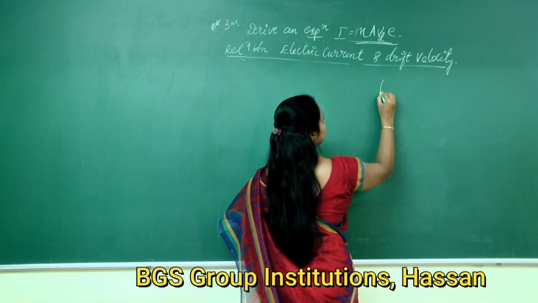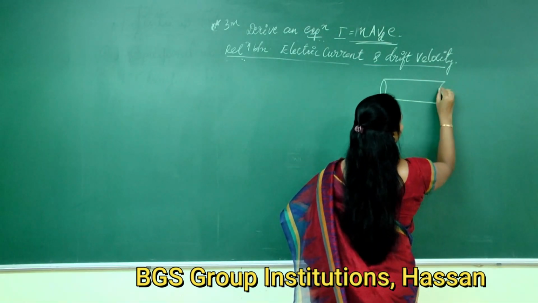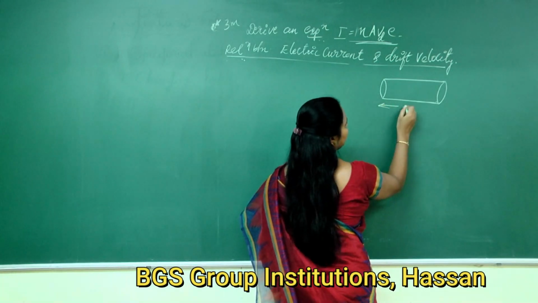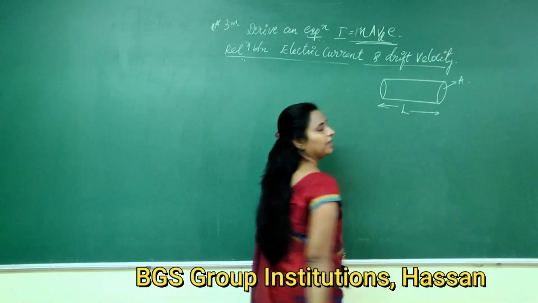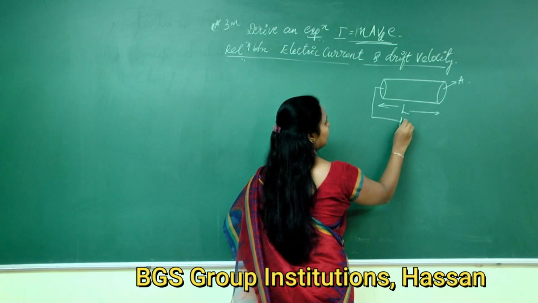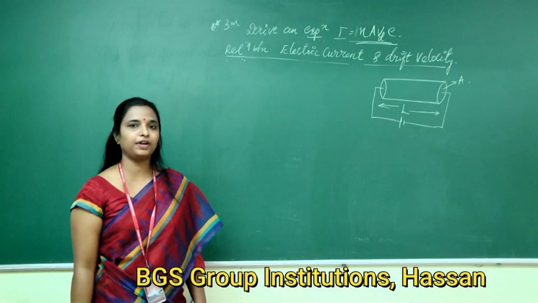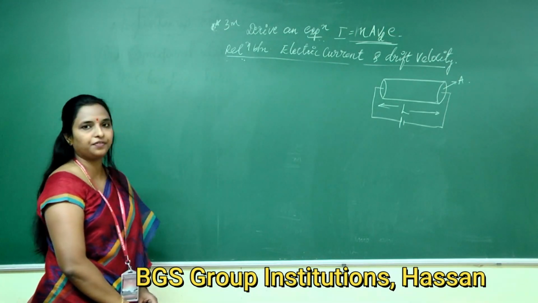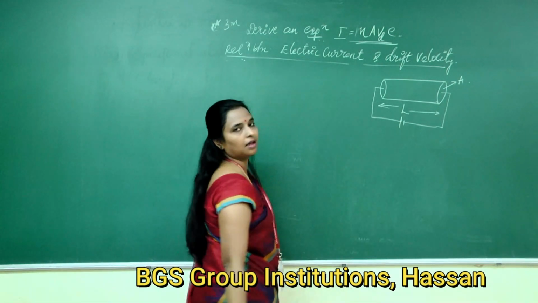First, we will consider a conductor of length L and area of cross section A, and let the two ends of the conductor be connected to an external electric field. An electric field will be applied, or a potential difference will be applied across the two ends of the conductor.